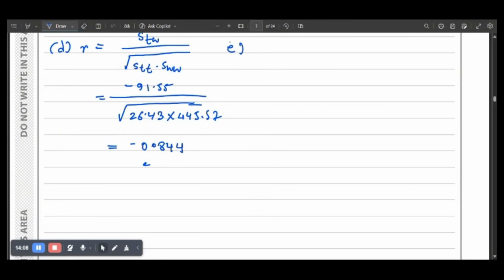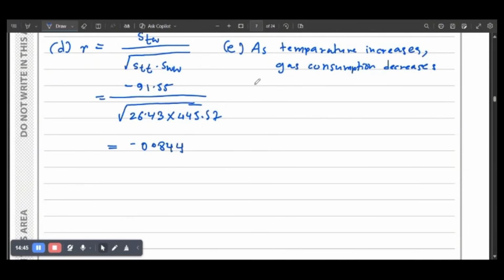Our two variables are temperature and gas consumption, D. So we can write that as temperature increases, the gas consumption decreases. Why can we write this? Because the correlation coefficient is negative, so there is a negative correlation between them. As one variable increases, the other variable will decrease.